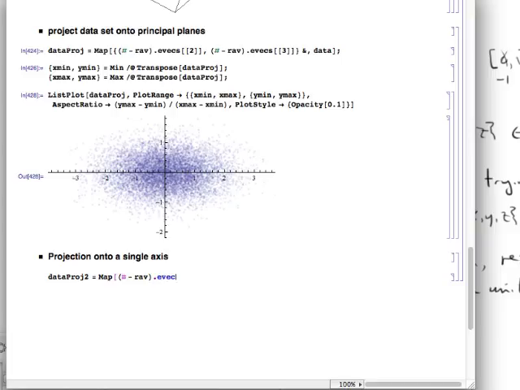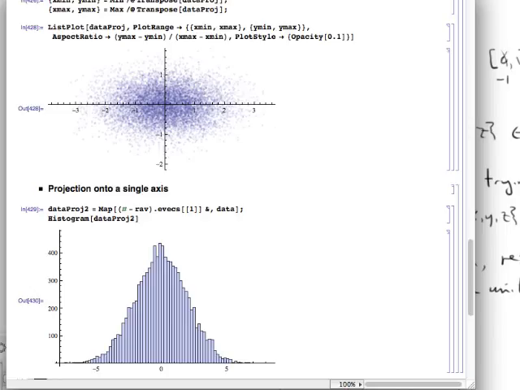Let's say the long direction this time. And then we can, for example, make a histogram of those deviations to see what the distribution looks like in more detail. And it looks approximately Gaussian, which is no surprise since that's how we built the thing in the first place.